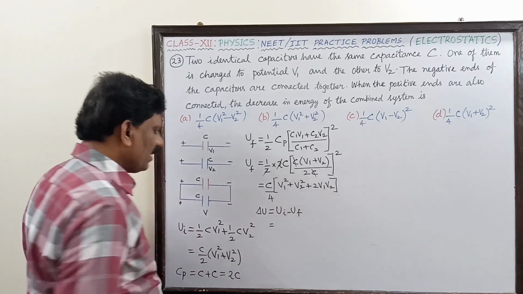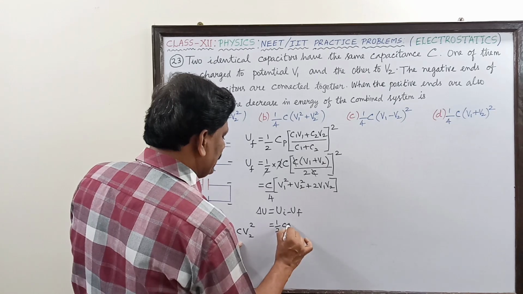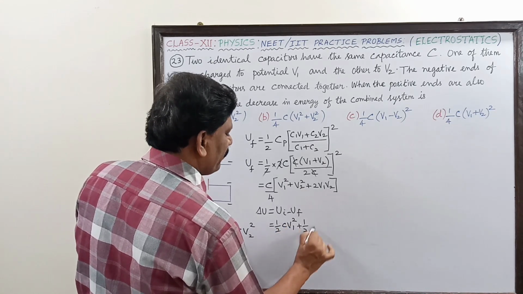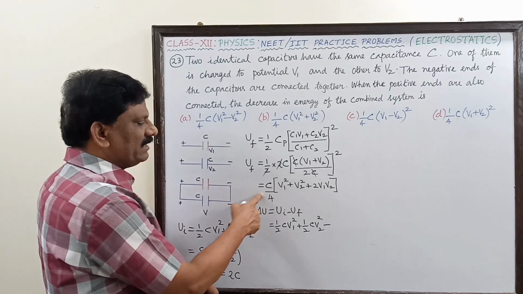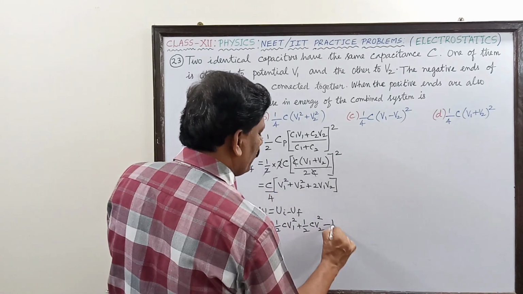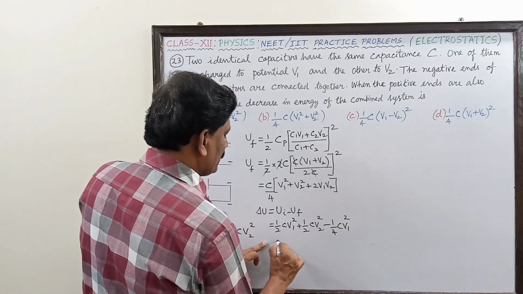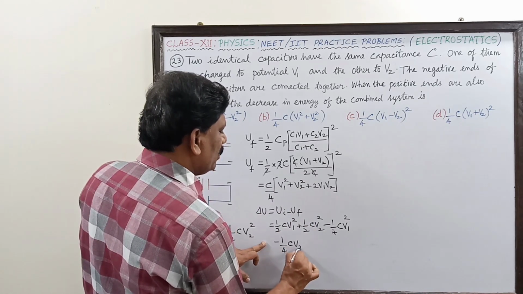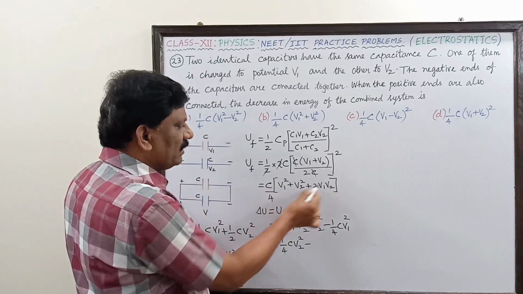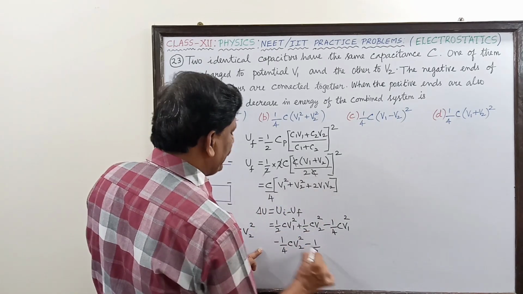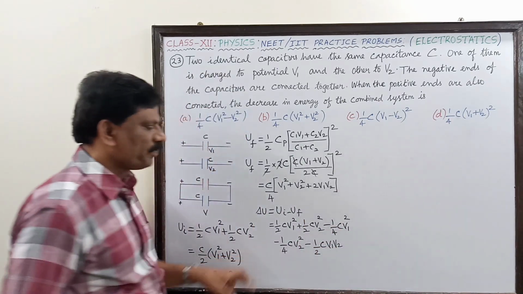So U initial is half C V1 square plus half C V2 square, minus, if you open up the bracket, the first term 1 by 4 C V1 square will come, and the next term will come as minus 1 by 4 C V2 square, minus, when you multiply C by 4 into 2 V1 V2, this 2 and 4 get cancelled, so it will come as 1 by 2 into C into V1 V2.